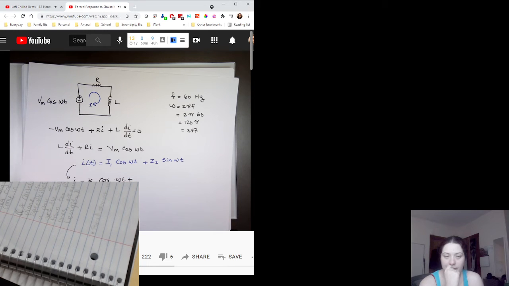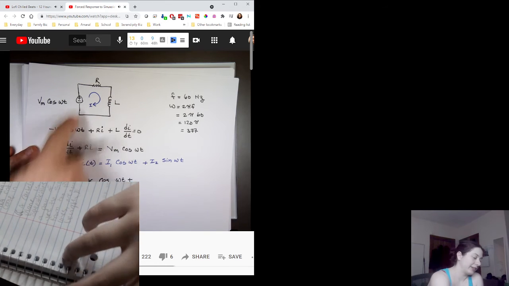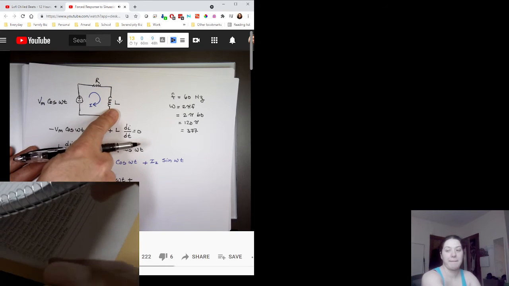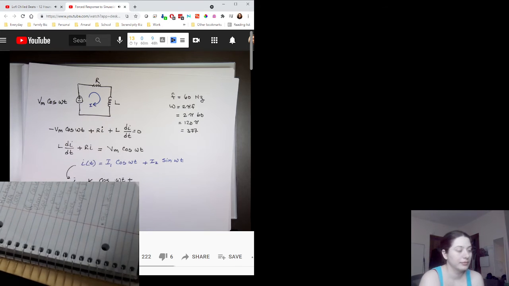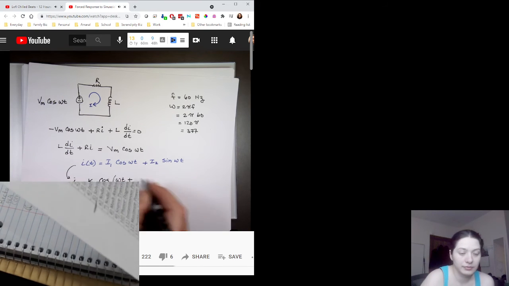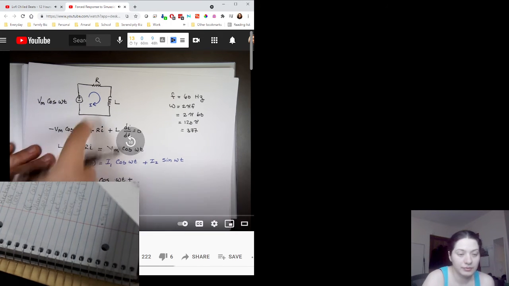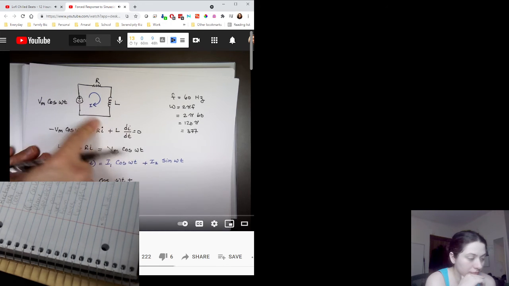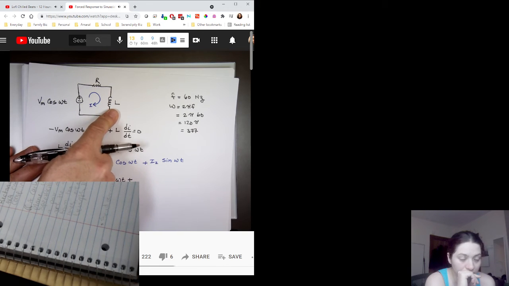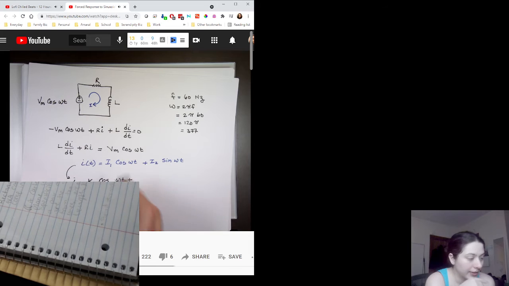It's not going to be in sync. The only time we'll be in phase is if you have a purely resistive circuit. This is not a purely resistive circuit, there's an inductor here. There's going to be a phase shift to it. So that angle is going to be shifted by some degree, let's call it beta, for example.